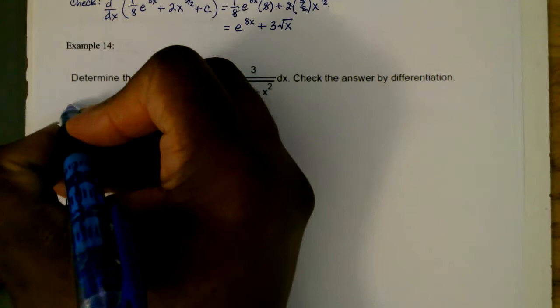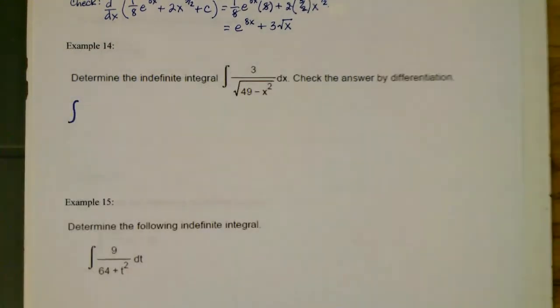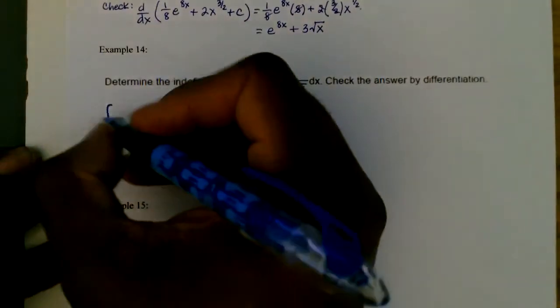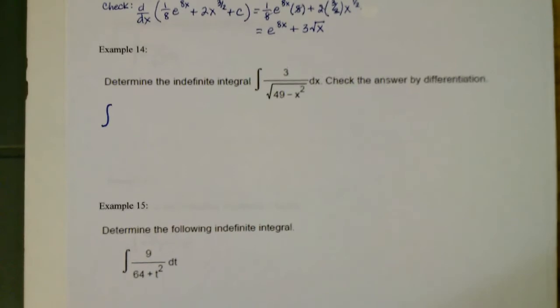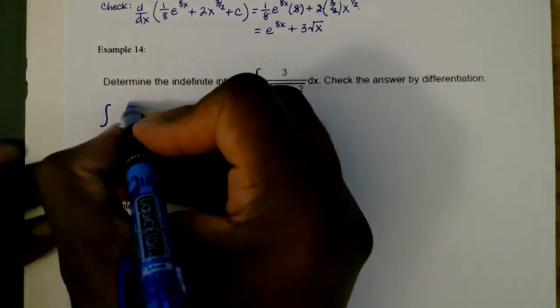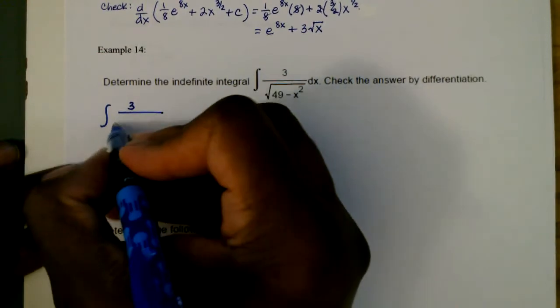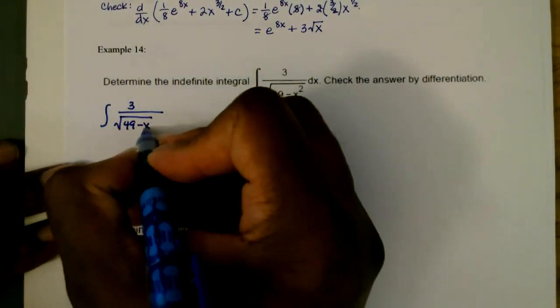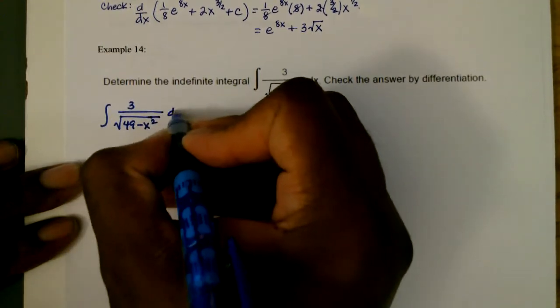So in this case, let's say we got the integral of 3 divided by the square root of 49 minus x squared dx.